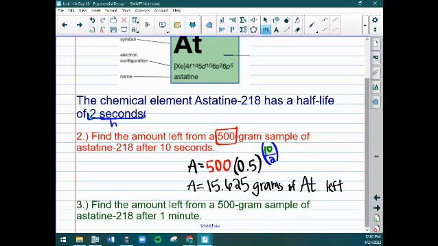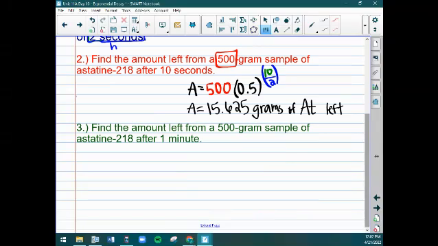All right? So let's look at another example. It says find the amount left from a 500-gram sample of astatine 218 after 1 minute. So this one's going to look a little bit different. My starting value is still 500, and I still have 0.5 half-life.